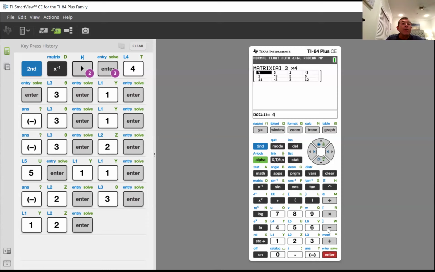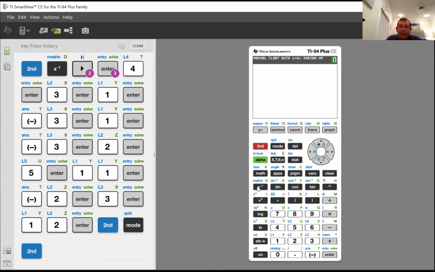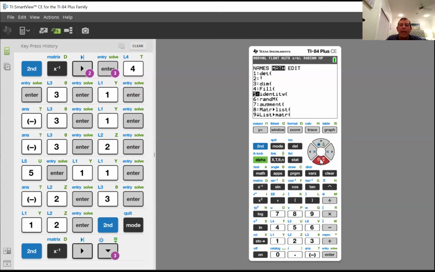Is that the one I'm about to do? 1, -2, -1. Okay, so we're about to check it out. I'm going to quit this screen by hitting second mode. Now we're going to go get RREF by hitting second x -1 for matrix stuff. We're doing math to it. Then arrow down on the math column, RREF, and enter.